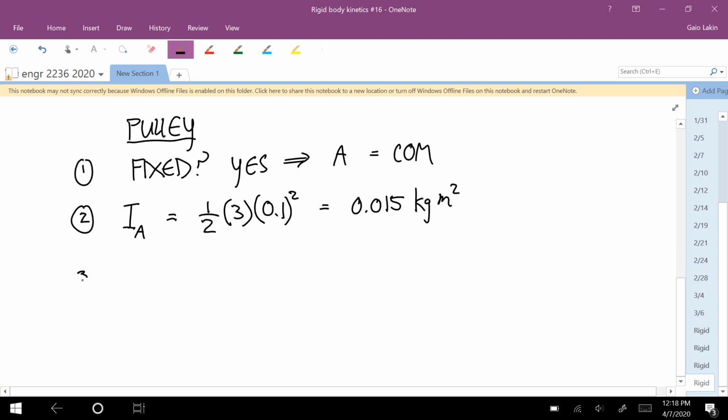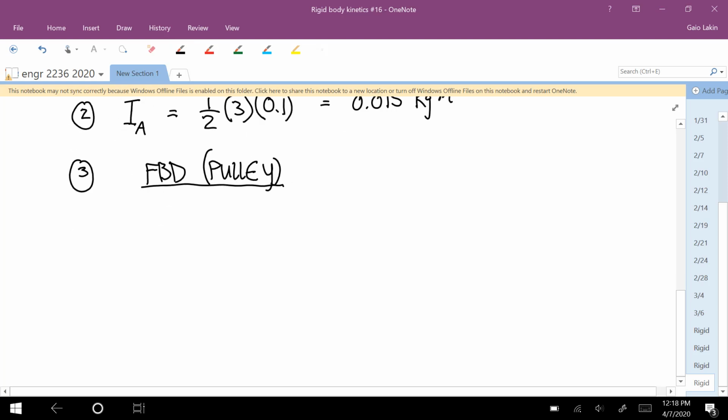And now we'll do a free body diagram of the pulley. There's a force vector there from the pin. I'll call that R. There's a weight force of the pulley.